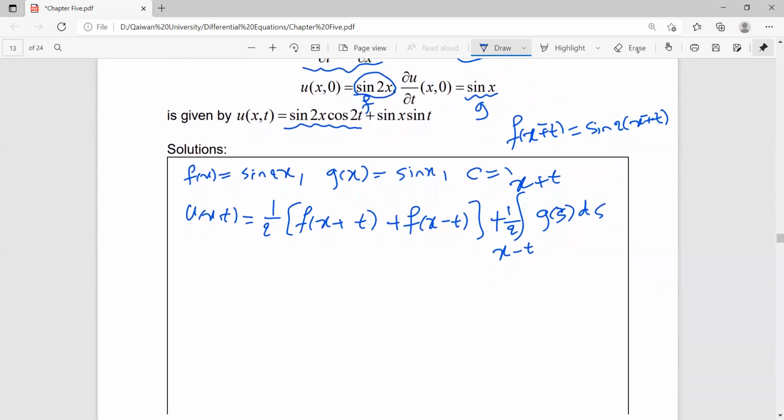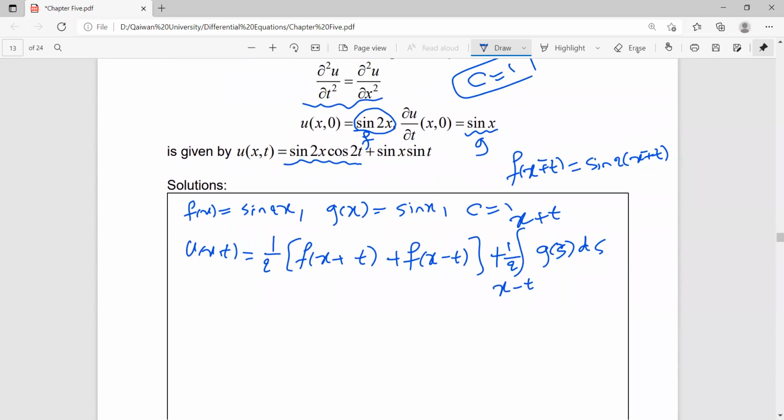That's all. Here, we say u of x,t equals a half of f of x plus t, which is sine 2 times x plus t, plus f of x minus t, which is sine 2 times x minus t.